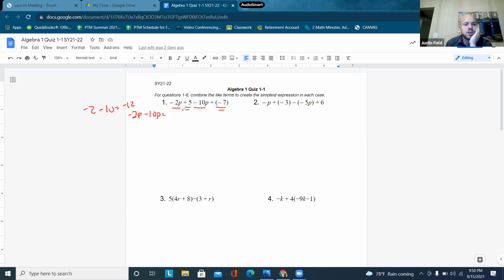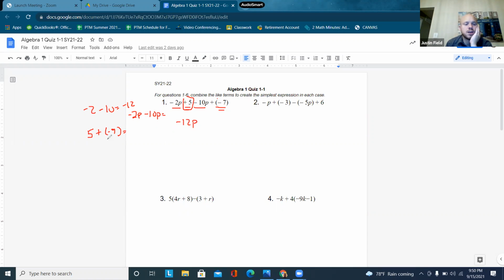So in our final answer, we'll have a negative 12p. The other thing I'm combining is the positive 5 and a negative 7. So 5 plus negative 7. What's that?